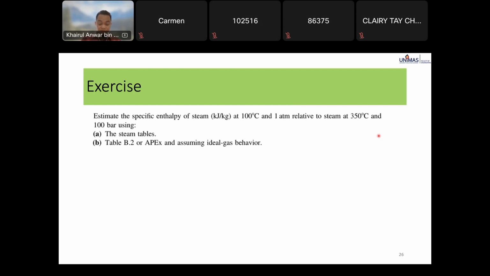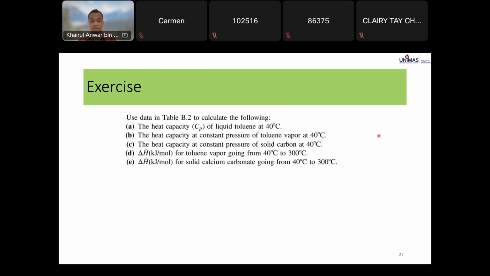So this value, transfer it to form number one, the equation in the first form. Don't forget it's negative, 10 to the power of negative something. Then do the integration from 100 to 350, just that in table B2.